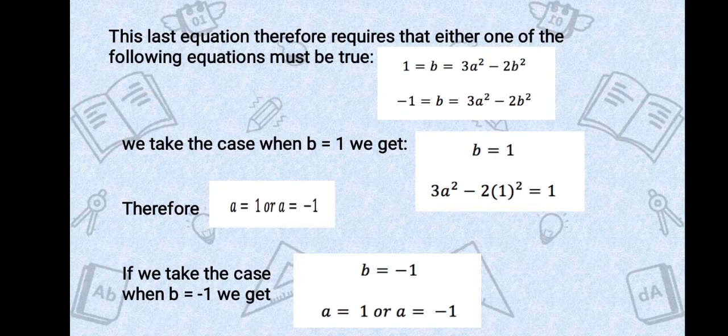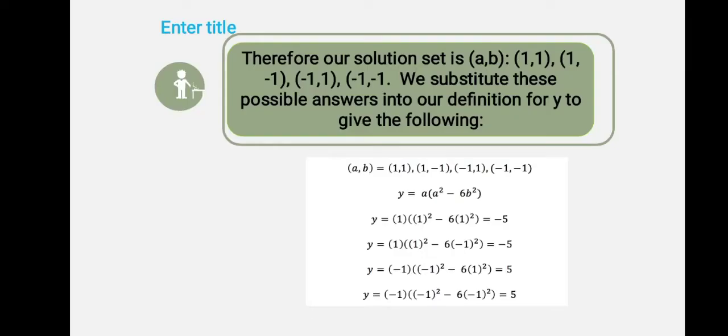If we take the case when b is equal to negative 1, a is equal to 1 or a is equal to negative 1. Therefore, our solution set (a, b) is (1, 1), (1, negative 1), (negative 1, 1), (negative 1, negative 1).